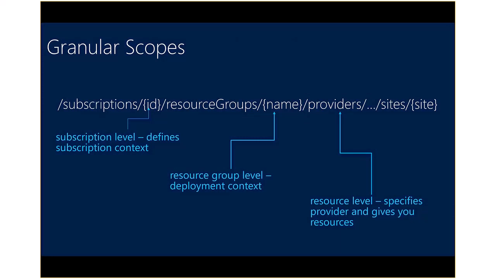This is actually part of the granular scope of how Azure Resource Manager accesses things. At the beginning, there's a subscription, and the subscription has some sort of ID to identify you as a unique customer. Then you have your deployments divided into resource groups with a particular name. And under those resource groups, there are providers sitting.